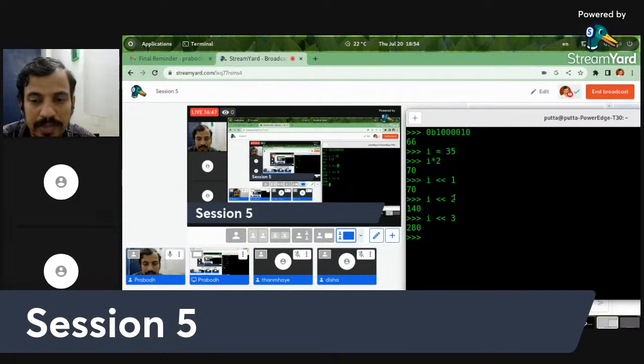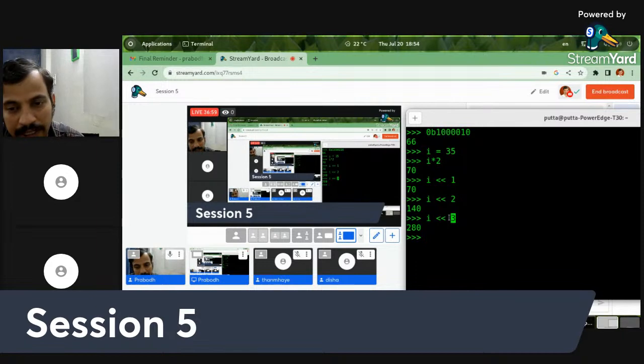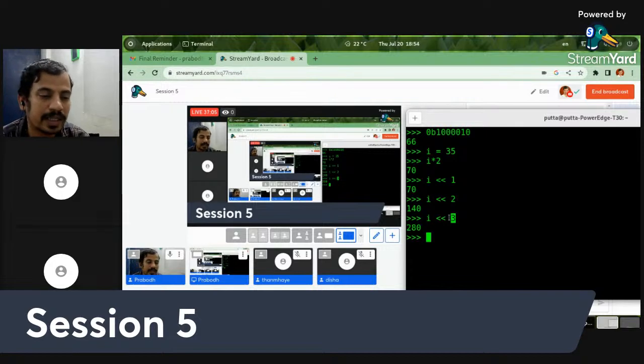If the left shift is by 2 positions, 2 power 2 is 4, so left shift gives you multiplied by 4. If the left shift is by 3 positions, the value gets multiplied by 2 power 3, which is 8, and so on. So every time you shift one position to the left, you are increasing the power of 2 by one. Got it?